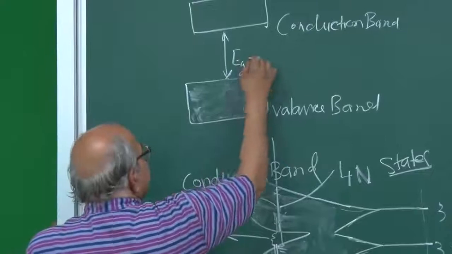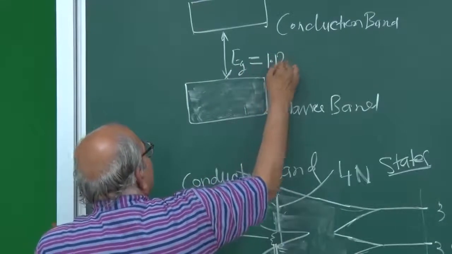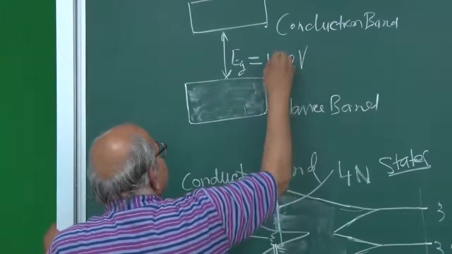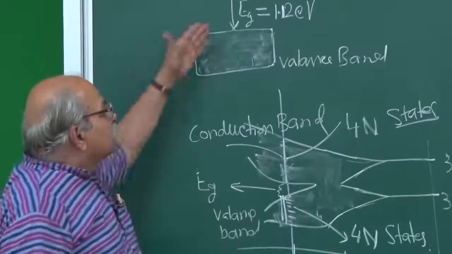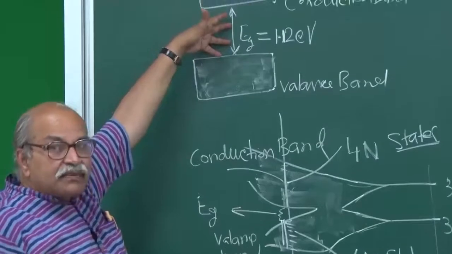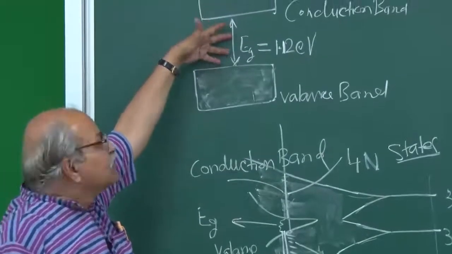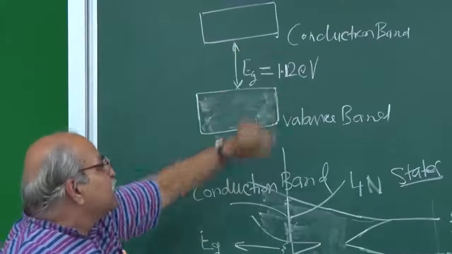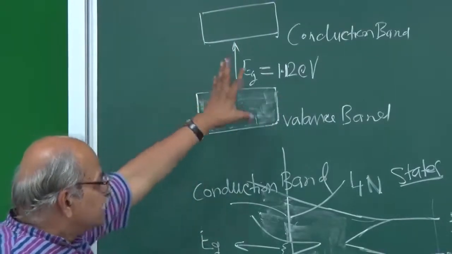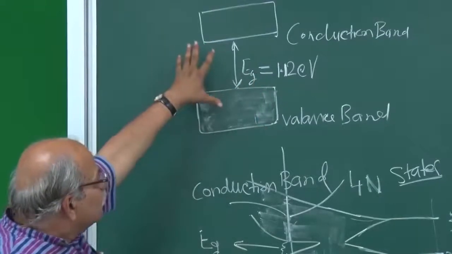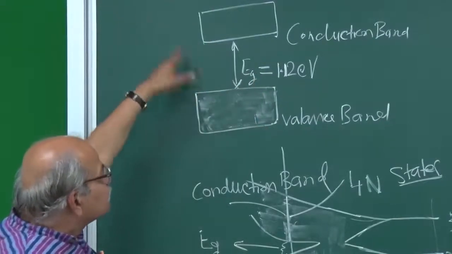And this Eg turns out to be 1.12 electron volts at room temperature. This gap is slightly dependent on temperature, but not much. So you can always assume that it is 1.12 electron volts. So this is how the energy band diagram looks in this one dimension.